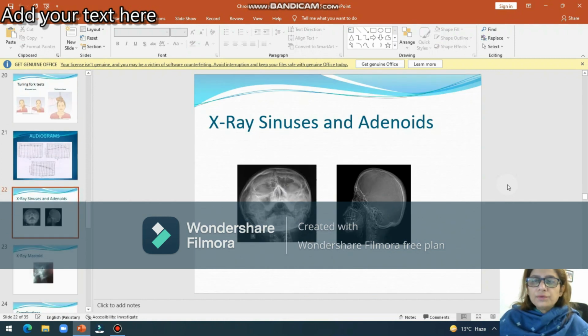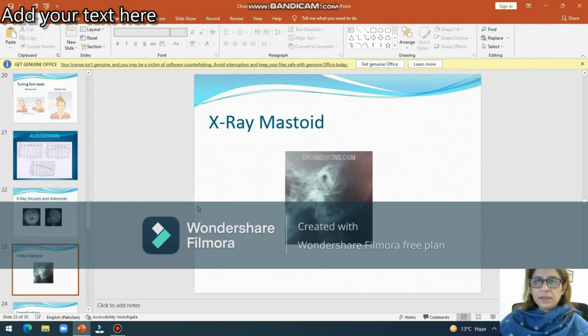In the X-ray of the adenoids, you can see adenoids in the nasopharynx, and the maxillary sinus is hazy, showing sinusitis. So you will rule out any sinonasal disease with the help of X-rays. If the patient is not improving and you advise an X-ray mastoid, you will see a sclerosed, non-pneumatized mastoid, and the septa in between the cells are destroyed.